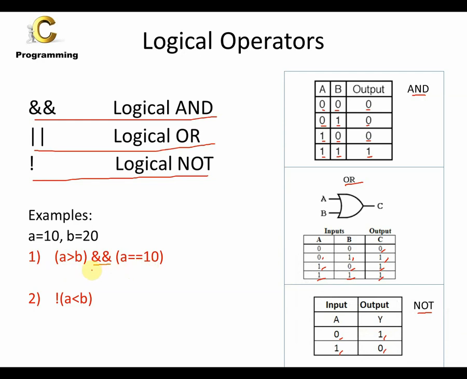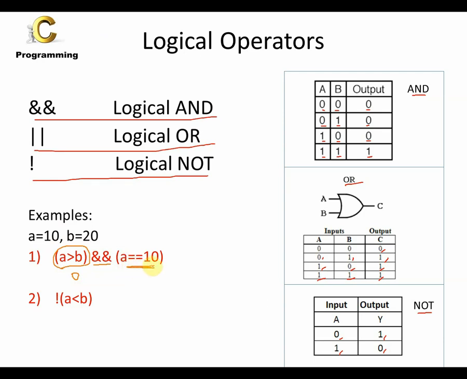Whenever we have an expression like this, we first evaluate this part, then we evaluate this part, and whatever result we get, we perform a logical AND. So first let's evaluate this expression. A is greater than B. Is it true or false? In this case it is false because A is less than B. So you get a 0.